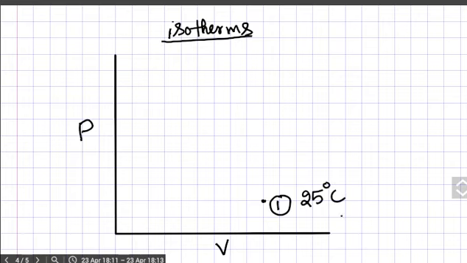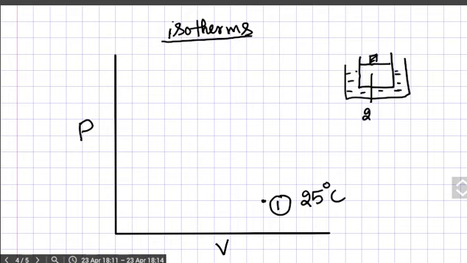So now suppose you are increasing its pressure, and you are increasing the pressure in such a way that you keep the temperature constant. For example, I already explained to you this idea that suppose you have some gas at some pressure, and you have put it in a constant temperature bath, that can be some water etc., so that temperature is maintained inside here at 25 degrees centigrade.